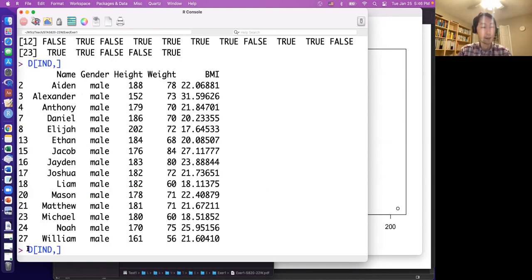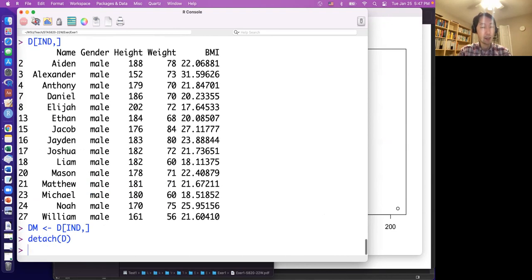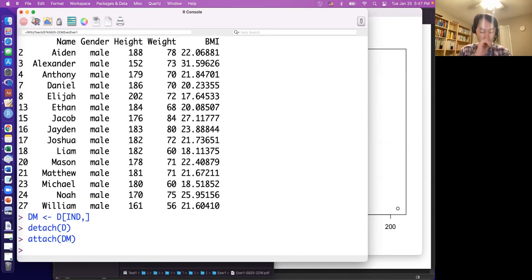Maybe we can define this as DM. Then maybe we detach D and attach DM. Then we can do the same thing: confine the data set, create a scatter plot, and calculate the correlation coefficient.